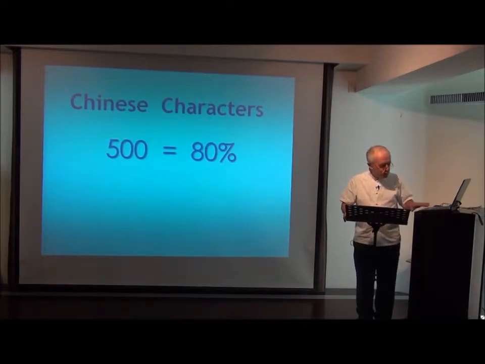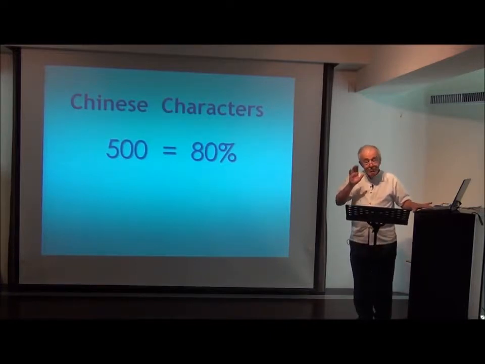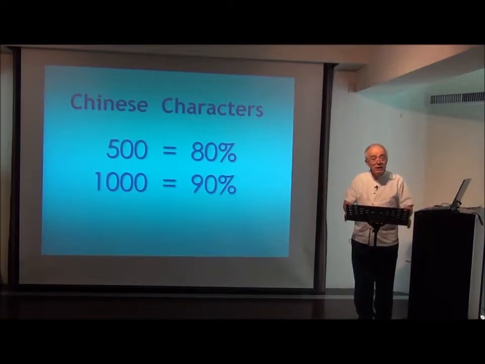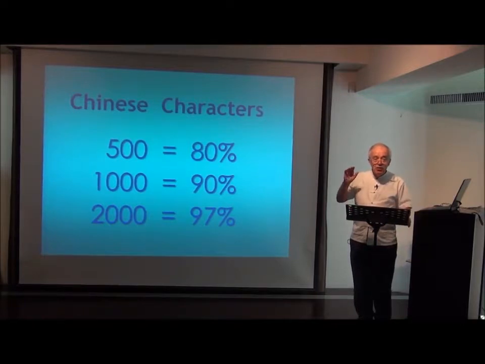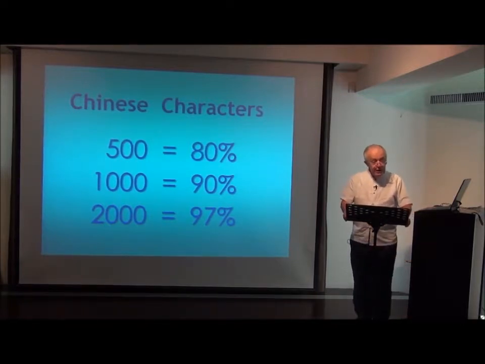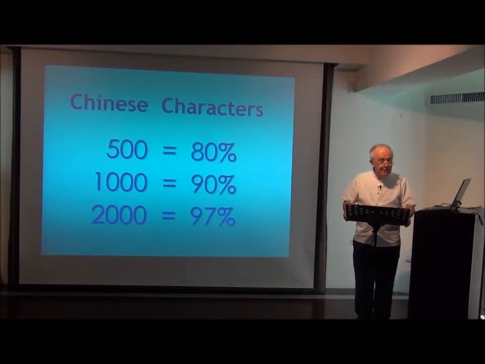Well, they probably do. So they can read 80% of Chinese characters. If they can read 1,000 of the most frequent Chinese characters, they can read 90% of anything. And if they can read the 2,000 most frequent Chinese characters, they can read 97% of anything. And this is very important.